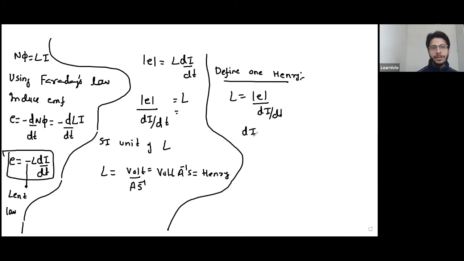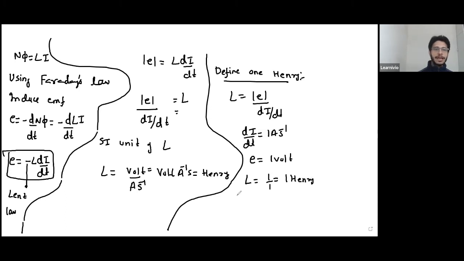So if the rate of change of current through a coil is 1 ampere per second, and due to this rate of change of current, 1 volt of EMF is induced in the coil, then self-induction is 1 by 1, that's 1 Henry.